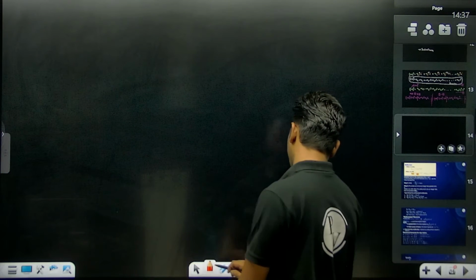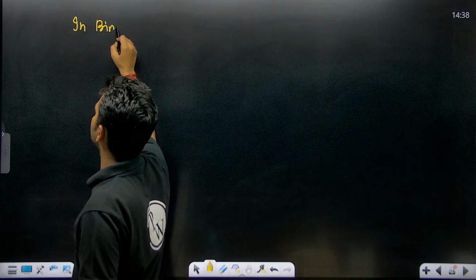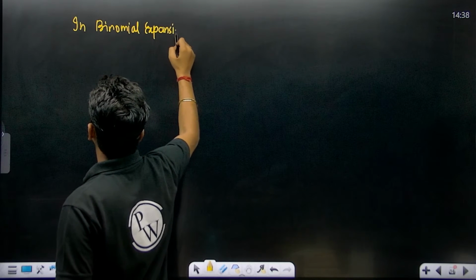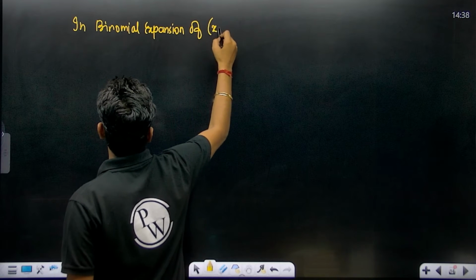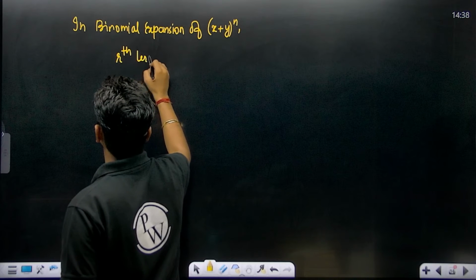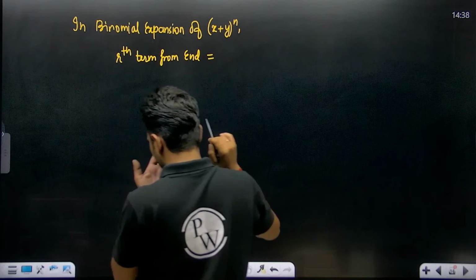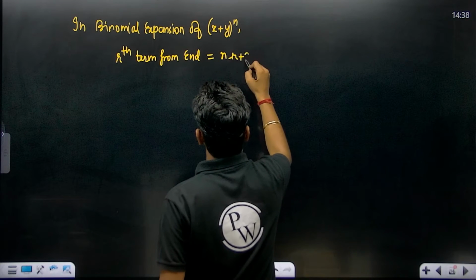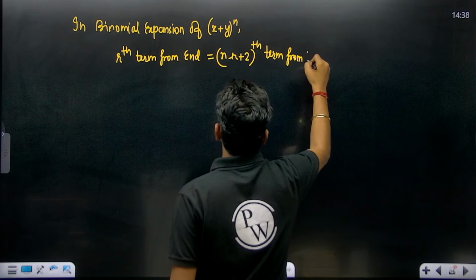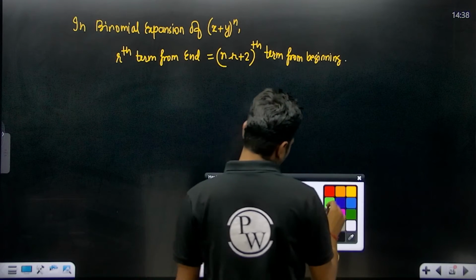In a binomial expansion of x plus y to the whole power n, the rth term from the end is equal to the (n minus r plus 2)th term from the beginning. Okay, understand this particular thing?